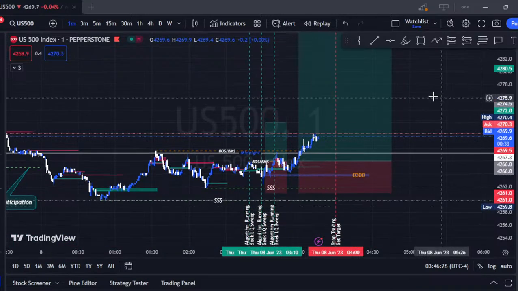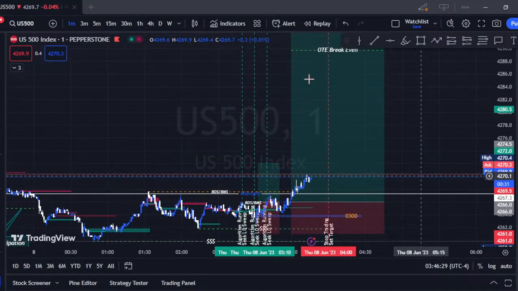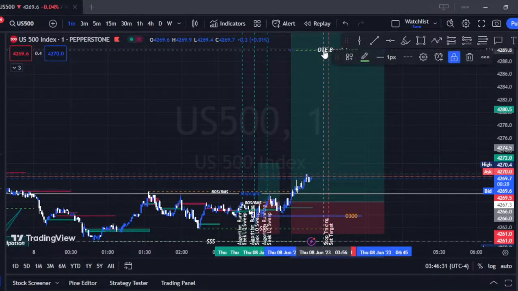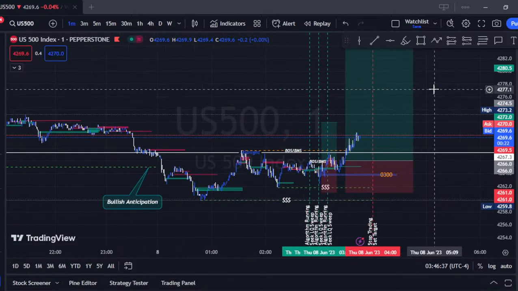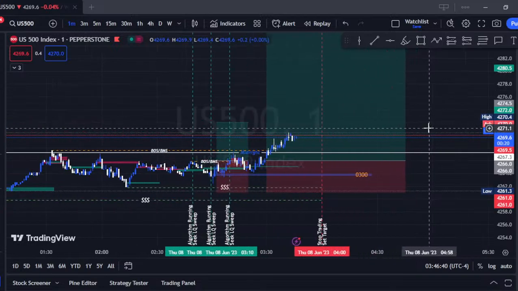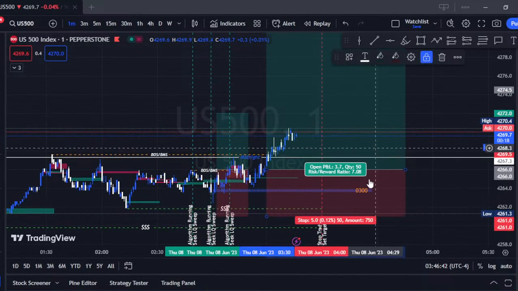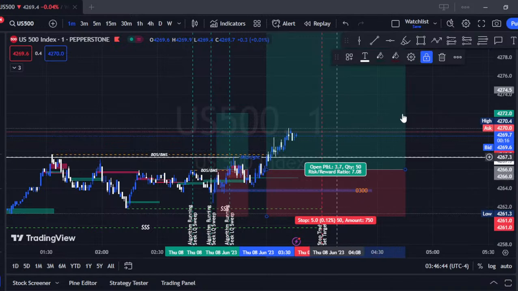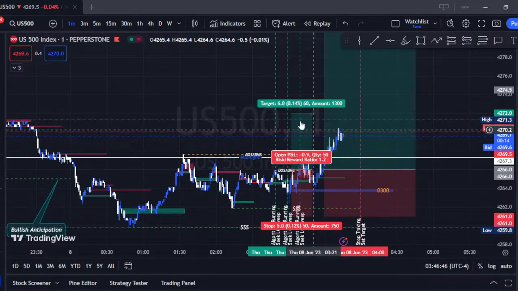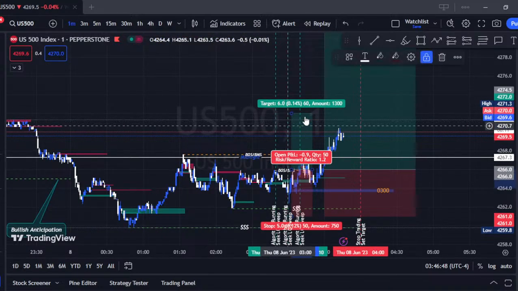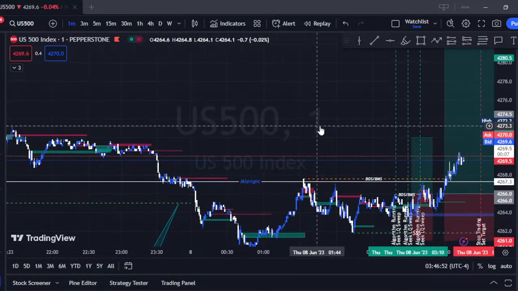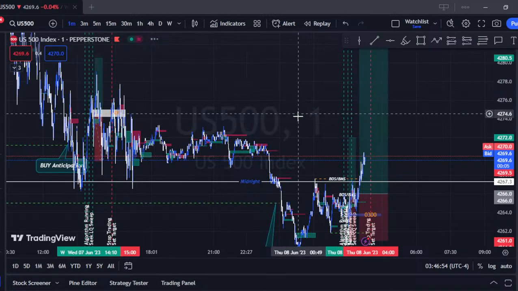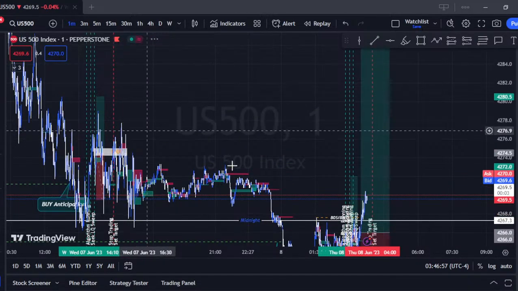Okay, but I think this level on the 4289, 4290 is a bit far. So I think I will be setting my break even on the bigger trade just after this trade gets to the 6 handles, or maybe somewhere around.